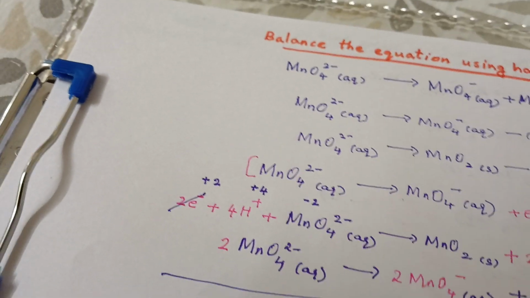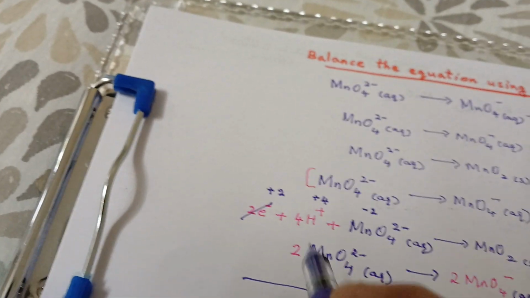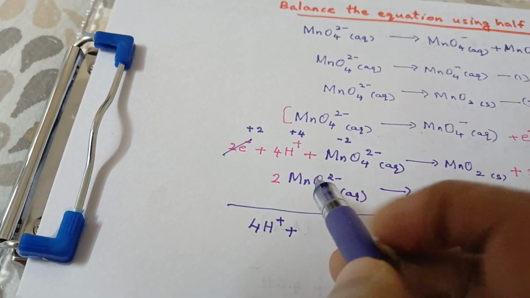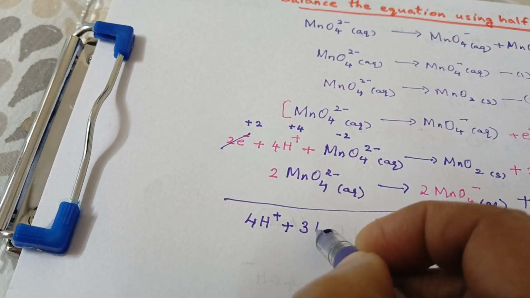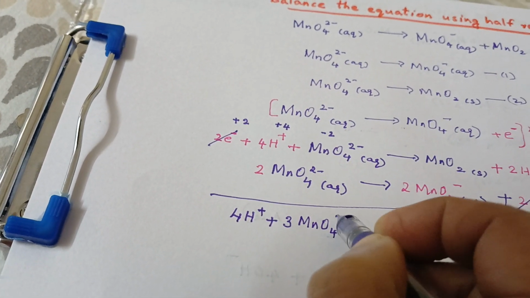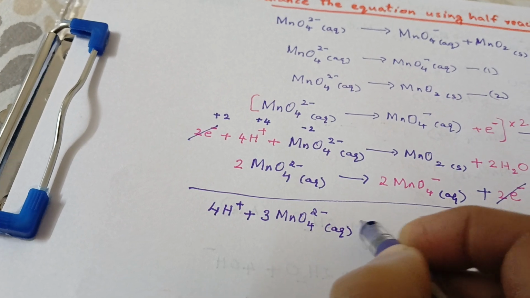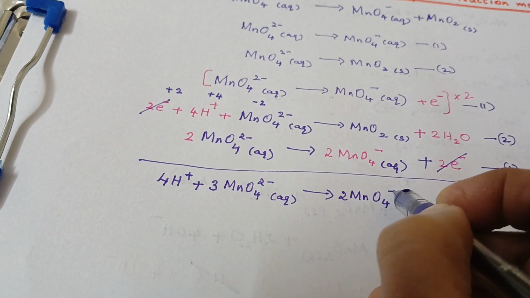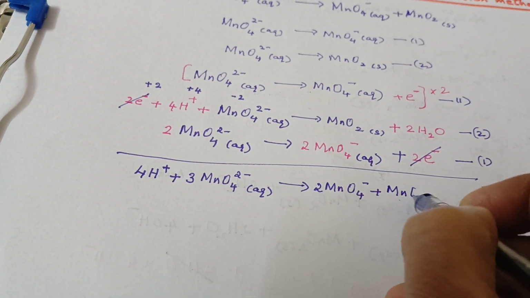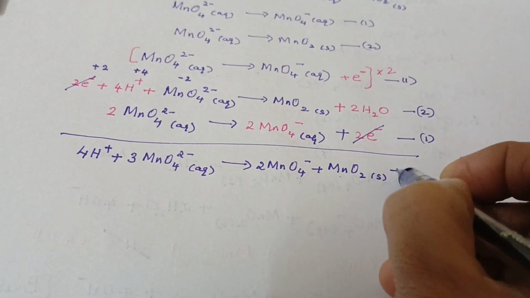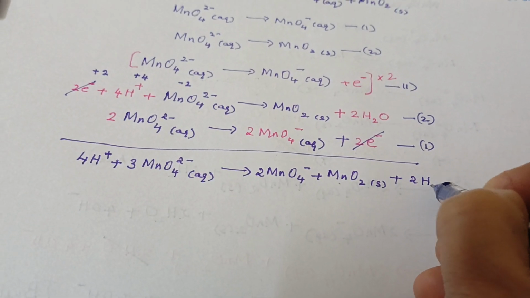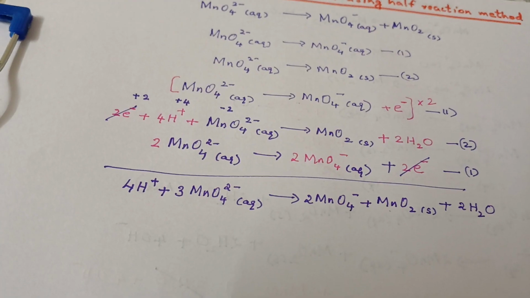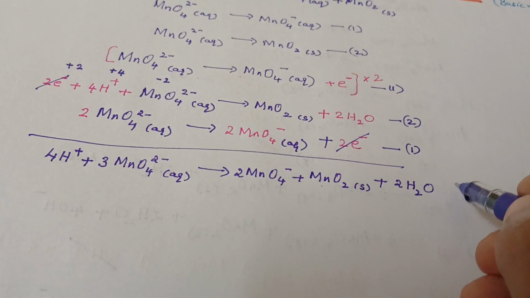They are the same, so we can write the equation as 4H plus, 2 plus 1, 3 MnO4 2- aqueous, giving 2 MnO4- plus MnO2 solid plus 2H2O. So this is the balanced equation in the acidic medium.